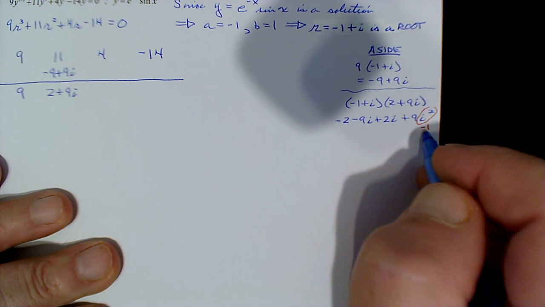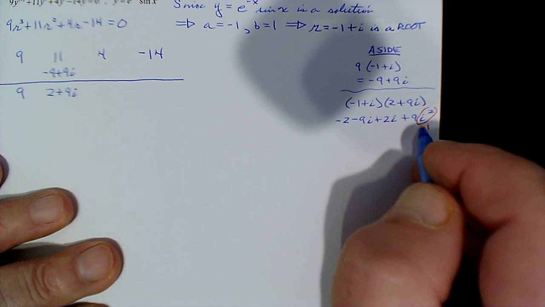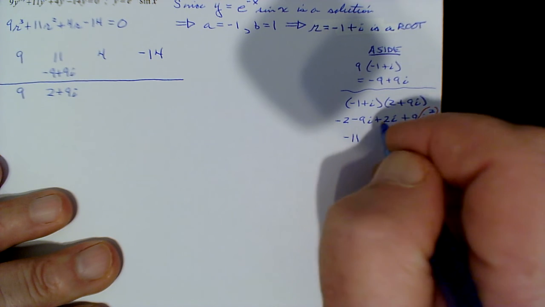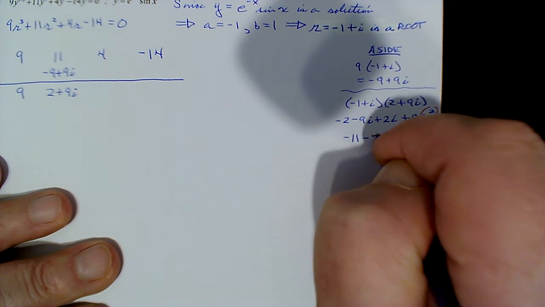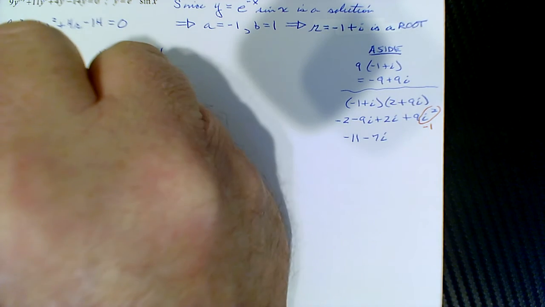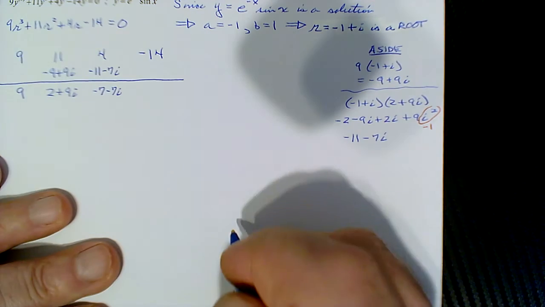This would be plus 9 times negative 1 is negative 9. So minus 2 minus 9 is negative 11. And then the negative 9i plus 2i is negative 7i. So here we get negative 11 minus 7i, which when we add, we get negative 7 minus 7i.